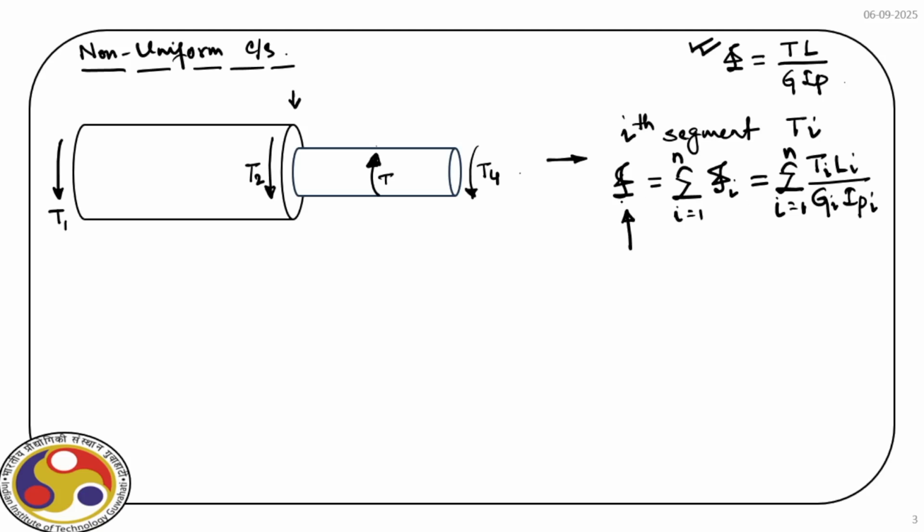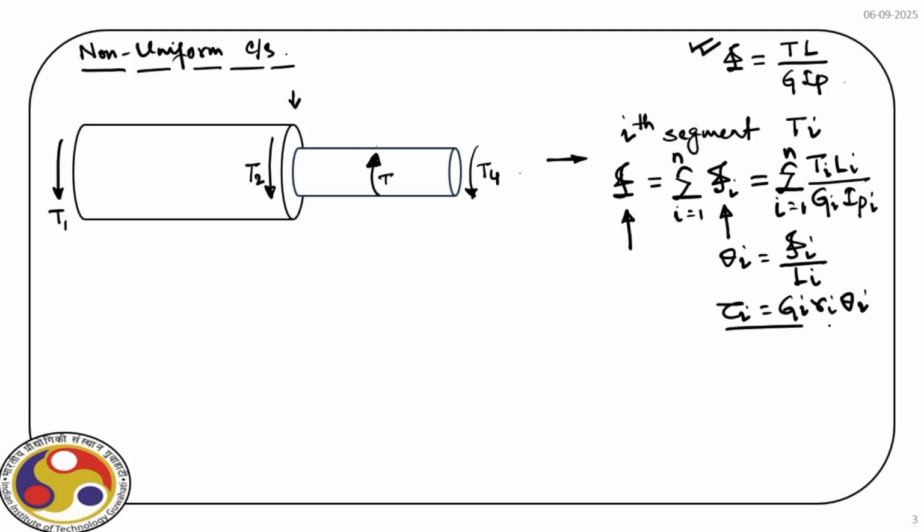Now, the moment we have total rotation from the individual rotation phi i, we can then find for the individual segment what is theta, that is phi i divided by Li, right? And then we can also write tau i is equal to Gi times Ri times theta.